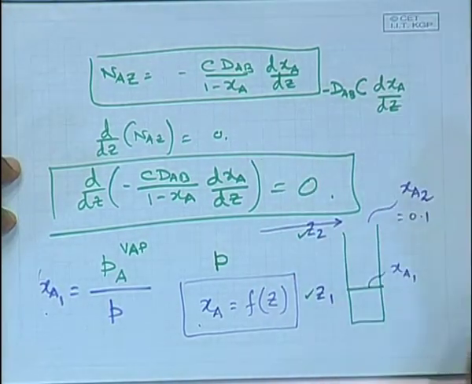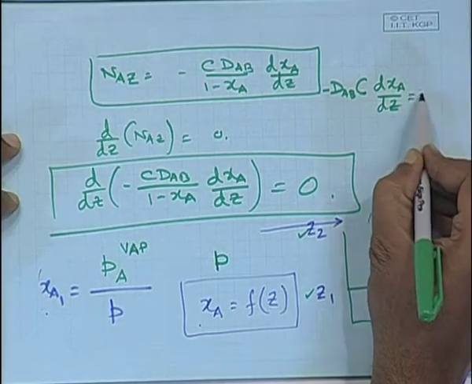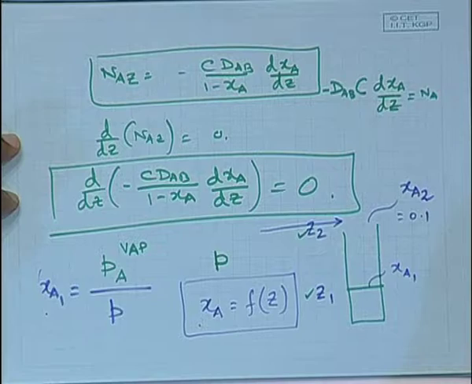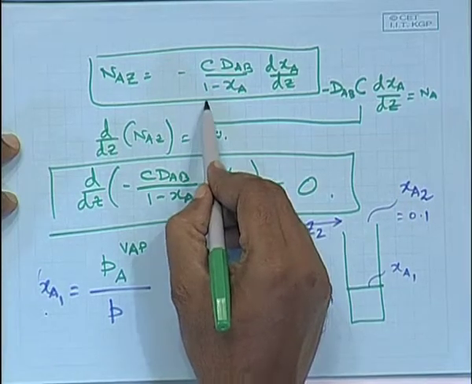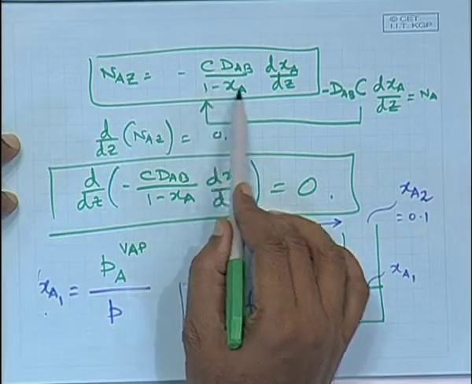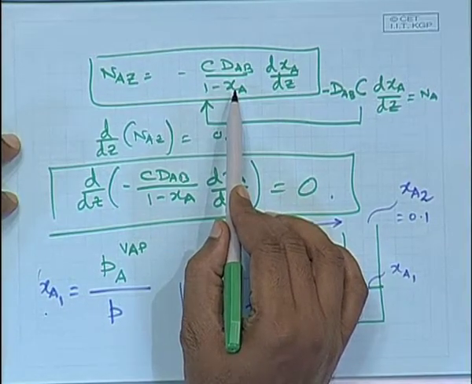What would this give you? Should it be equal to NA, the molar flux? Because you have already evaluated what NA is going to be. The 1 minus XA part, do not forget that, which comes due to the bulk flow.